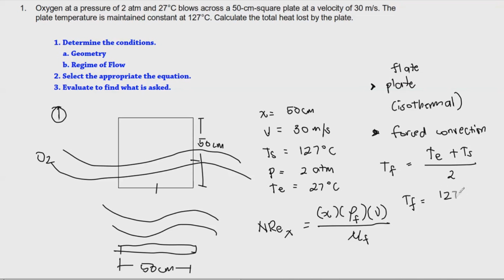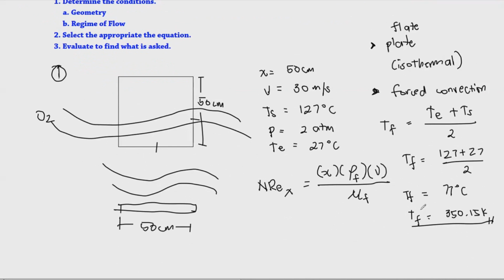So that is 127 plus 27 over 2, and the average of the two is 77 degrees Celsius, which is equal to 350.15 Kelvin. This is the temperature we'll be evaluating all of our physical properties for our fluid.